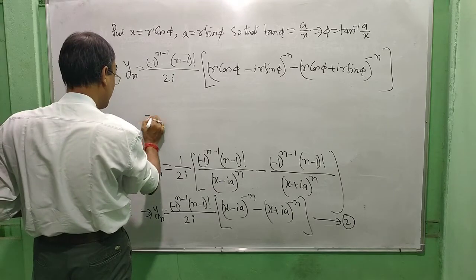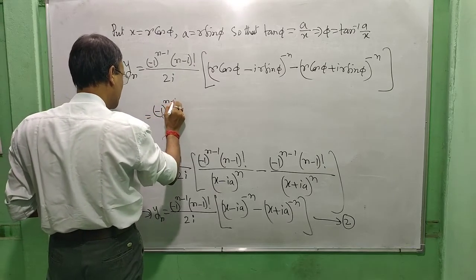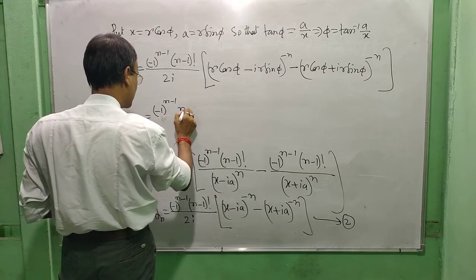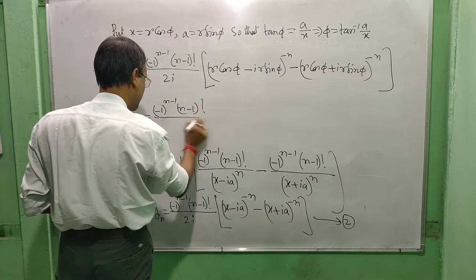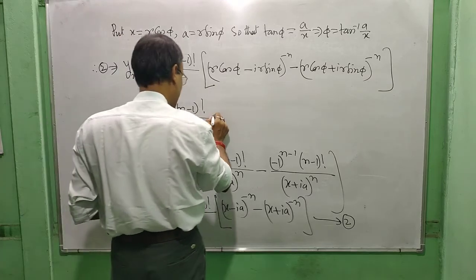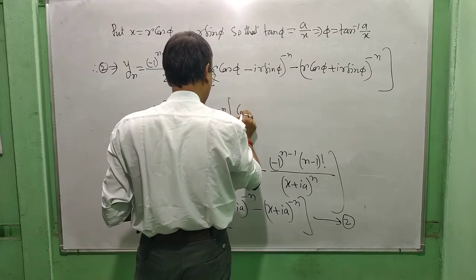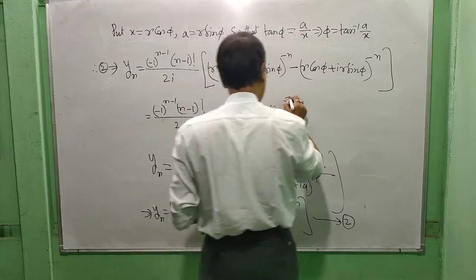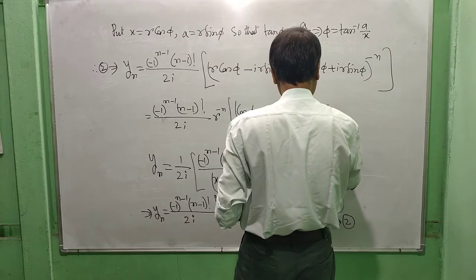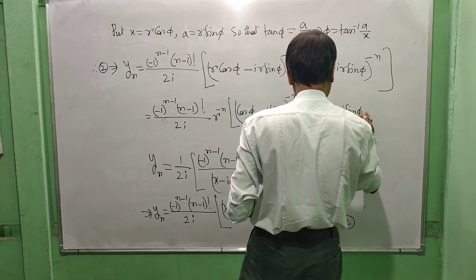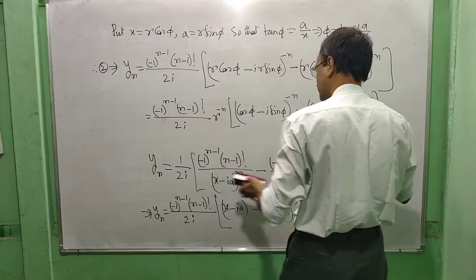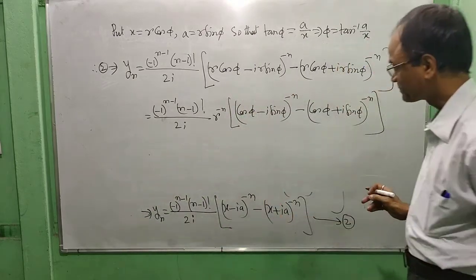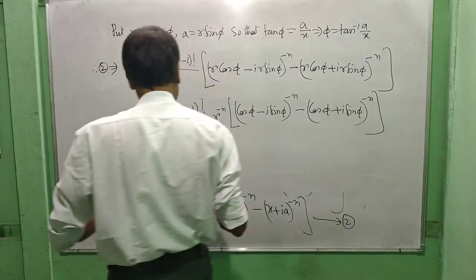This is equal to (-1)^(n-1) factorial n minus 1 divided by twice i, r to the power minus n, (cos phi minus i sin phi) to the power minus n minus (cos phi plus i sin phi) to the power minus n.